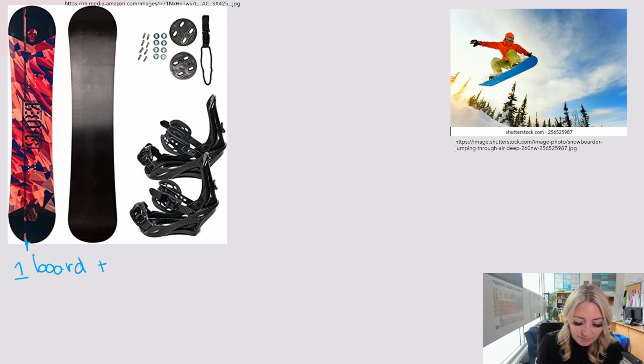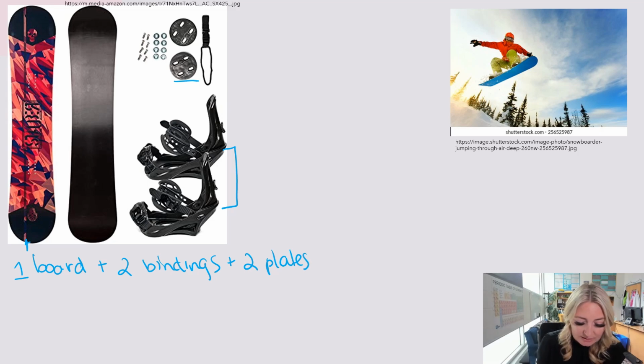Okay, we're going to need two bindings, one for each foot. We'll call these binding plates. I don't really know what those are called. So we need two of those, call them two plates.